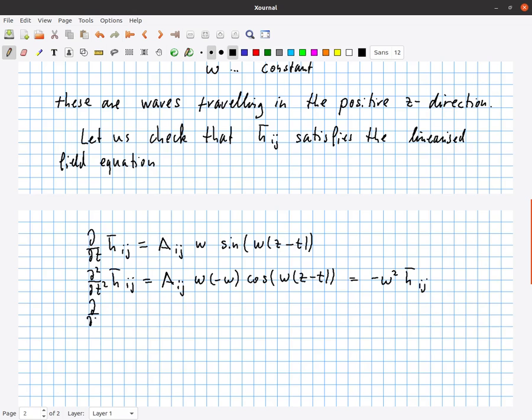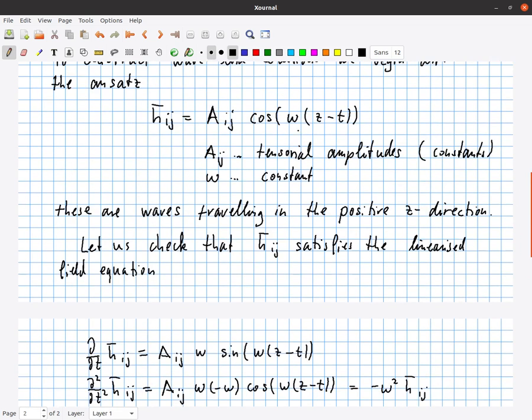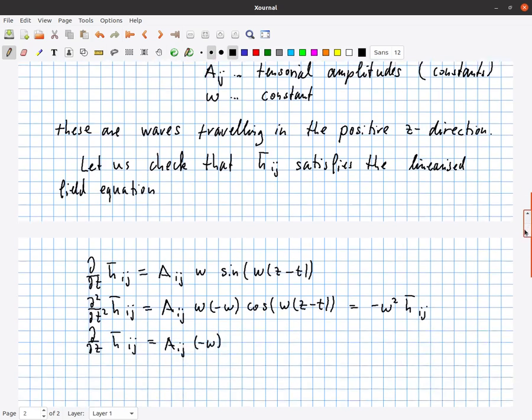We do the same with the z derivative. There's no minus sign coming out when we differentiate, which means we get here a minus, and the minus comes from the fact that the cosine differentiates to minus sine.